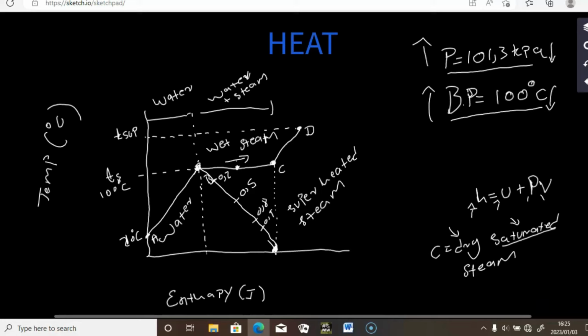The more we go in that direction, the less water we have and the more steam we have, because more water is now being converted to steam. And we use the dryness fraction to know how much of it is now steam. The heat energy that we add from A to B, we call it the sensible heat.